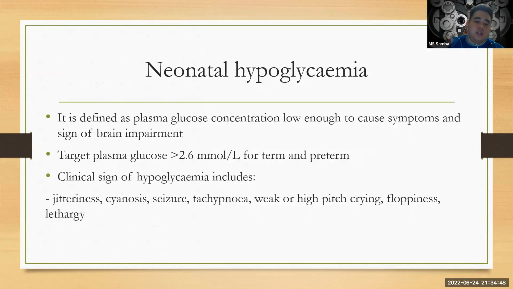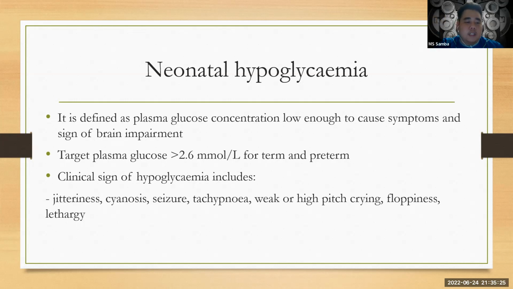The next one is neonatal hypoglycemia, which is another cause that can lead the child to be born inactive. It is defined as reduced plasma glucose, which may cause symptoms and signs of brain impairment. The pathophysiology behind it is that it usually happens in a pregnant mother with gestational diabetes mellitus.